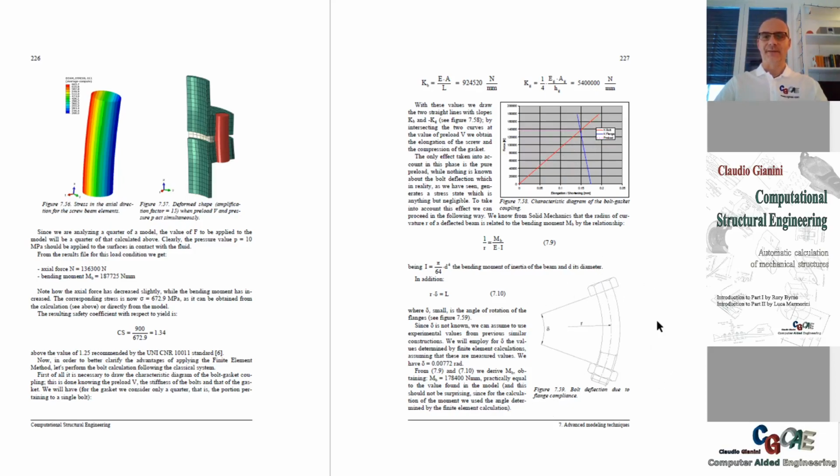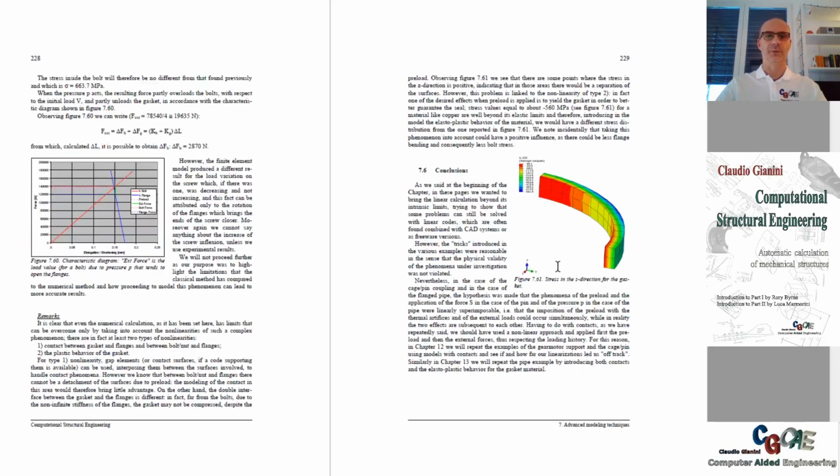The bending of the bolt is also considered in the FE model, which is not possible with hand calculations. So we also show the limit of a hand calculation, which can be overcome by a linear code.